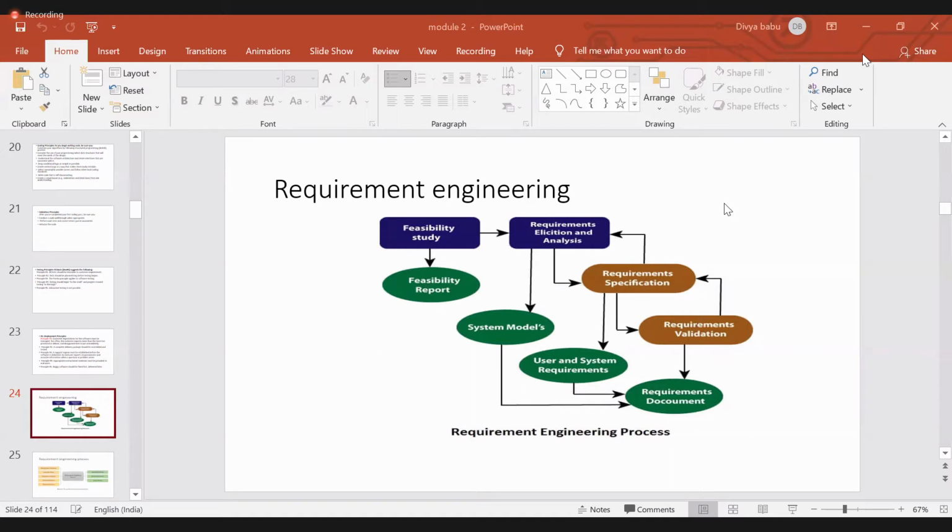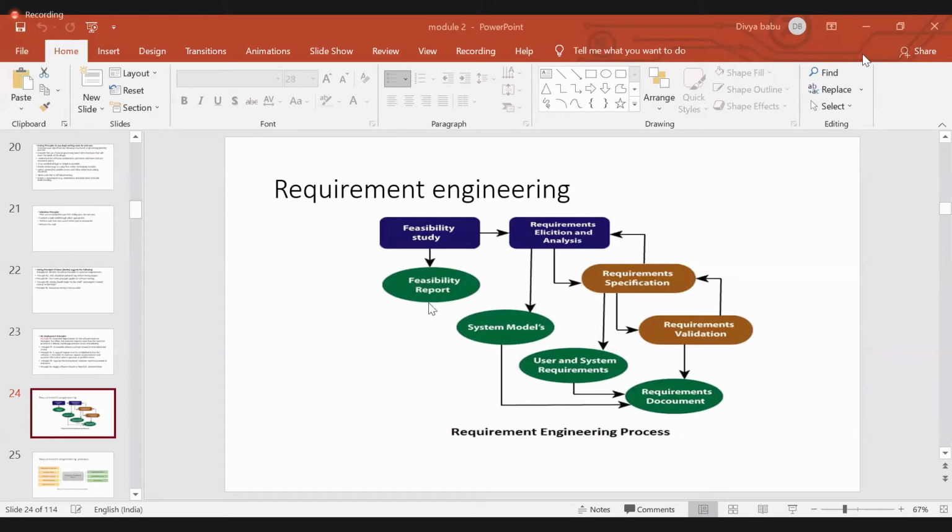Requirement engineering means we are gathering the requirements in a scientific way. That is called requirement engineering. So what are the steps? First, you have to go for a feasibility study. Feasibility study means we are checking whether it is feasible or not. You collect the requirements, then go for the feasibility check, economically feasible or technically feasible.